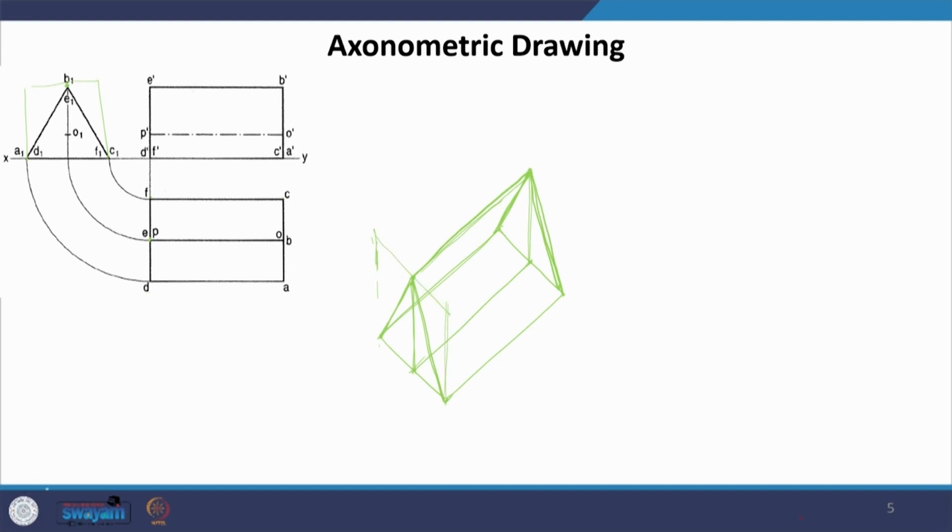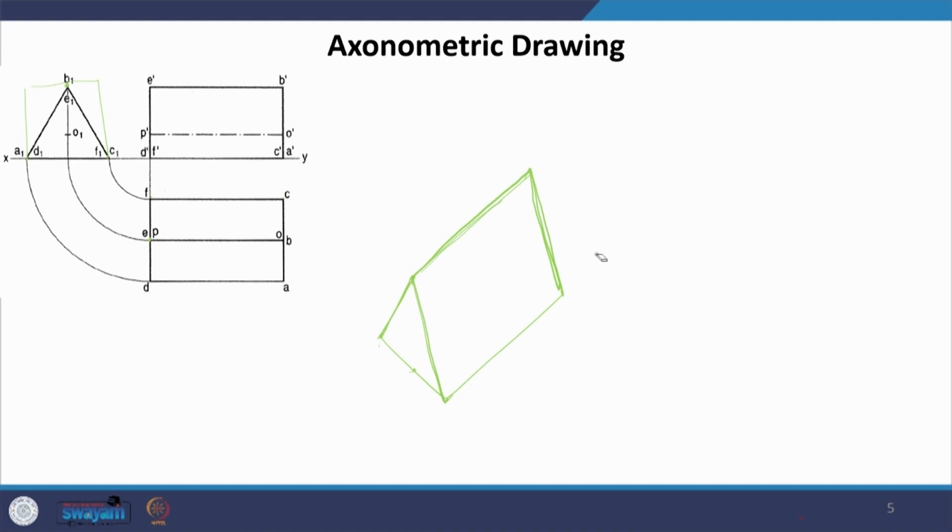So, this is what we will see if we are to draw this triangular prism, which has its axis parallel to both HP and VP.